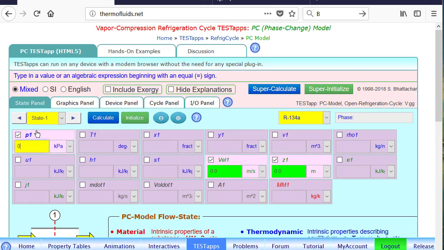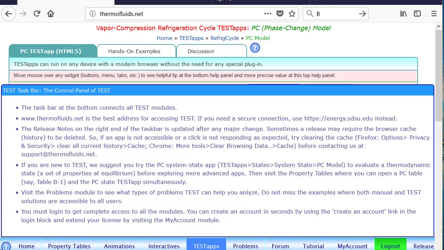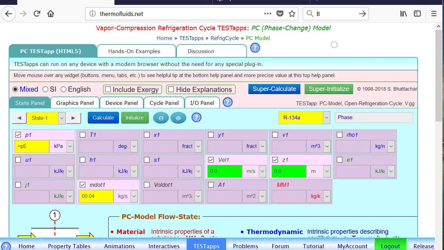So now state 1 is the evaporator exit state, or the compressor inlet state. So P1 must equal P of evaporator. The mass flow rate is given to us, 0.04. What else is supplied? At state 1, X must equal 1, because at the evaporator exit, for an ideal cycle, the vapor must be saturated vapor.